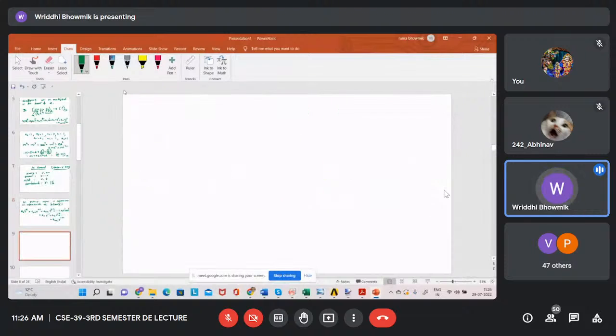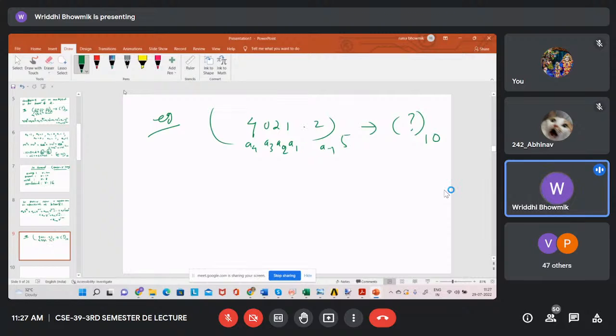So right now, suppose, for example, if you have 4021.2 base 5, so how could you convert it to the decimal? You see, this is A4, this is A3, this is A2, this is A1, and this is A minus 1. So how to do that?